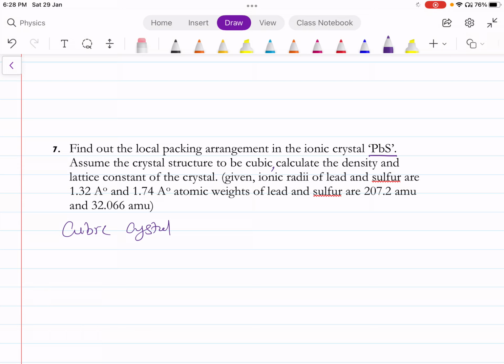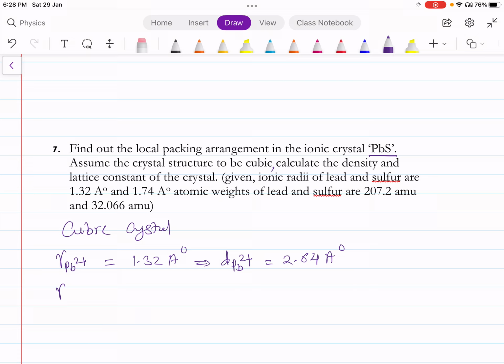So a cubic crystal is given. Then radius given. Radius of Pb2+ is given, which is equal to 1.32 angstrom, and so the diameter of Pb is equal to 2.64 angstrom.